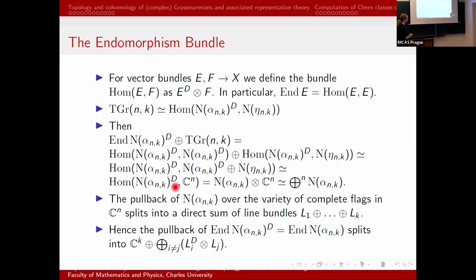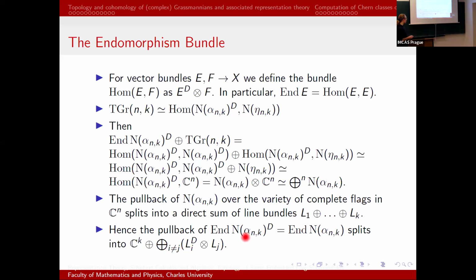Then, after some manipulations with direct sums, we obtain that the direct sum of the endomorphisms of the dual bundle of the vertical normal bundle plus the tangent bundle is isomorphic to the direct sum of n copies of the vertical normal bundle. Using the splitting principle, the pullback of the vertical vector bundle over the variety of complete flags in C^n splits into k line bundles.